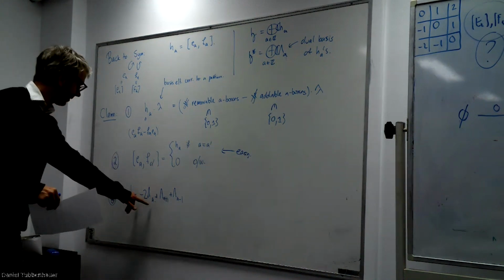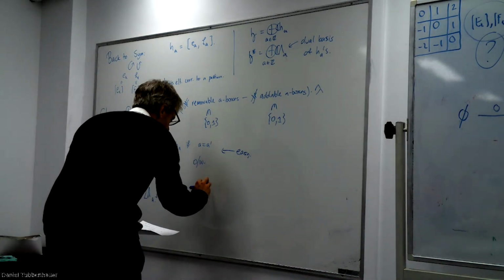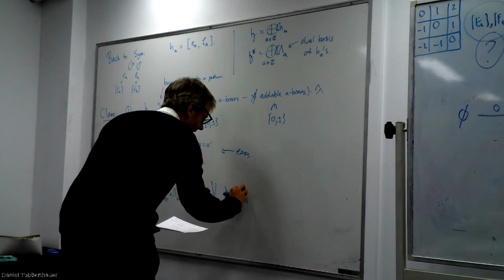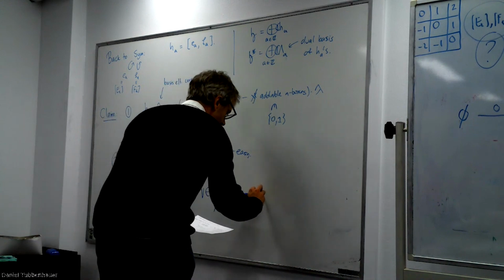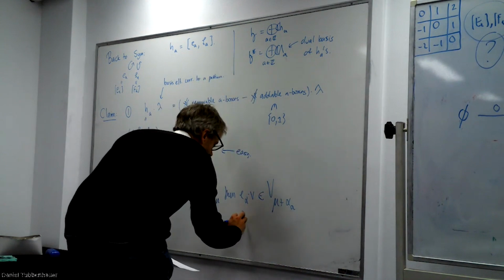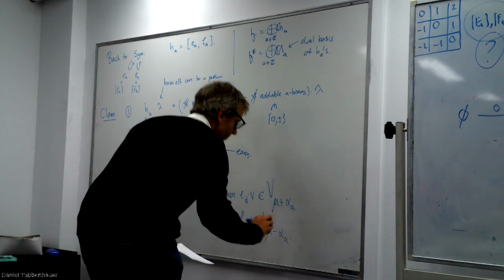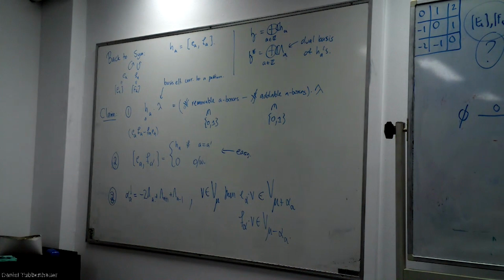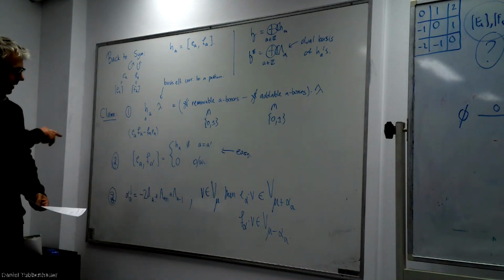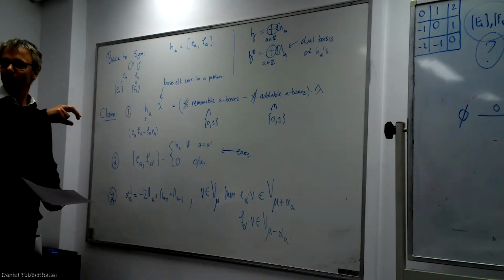So the claim is that basically, if v is in the weight space, then E alpha of v is in v plus alpha A, and F alpha of v is in v minus alpha A. So this is giving you a precise recipe for how these values of addable and removable boxes change when you add an A box.